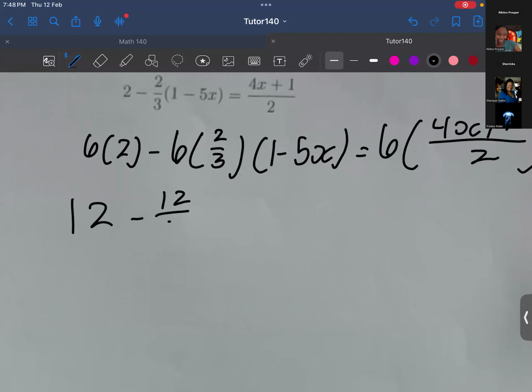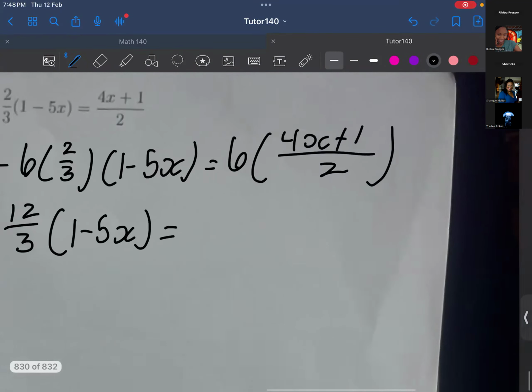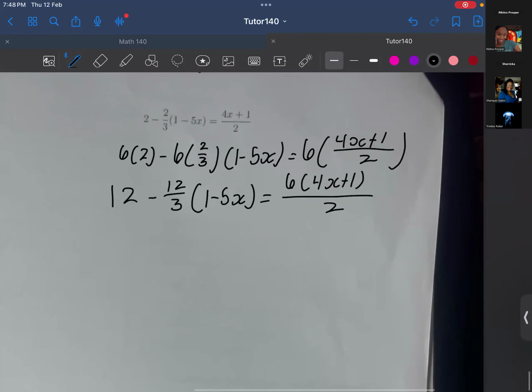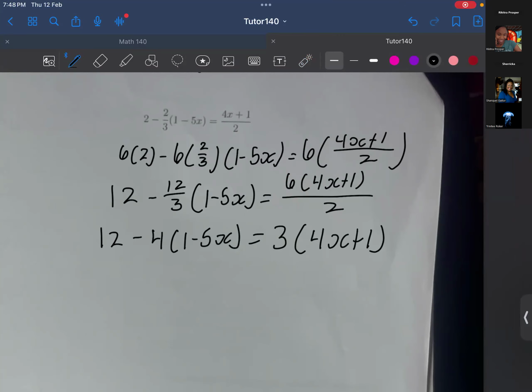So that's 12 over 3, 1 minus 5x equals 6 open bracket 4x plus 1 divided by 2. That's equal to 12 minus 12 over 3 is 4. And then 1 minus 5x, which is equal to, we have 6 divided by 2, which is 3. So we just have 3, 4x plus 1.